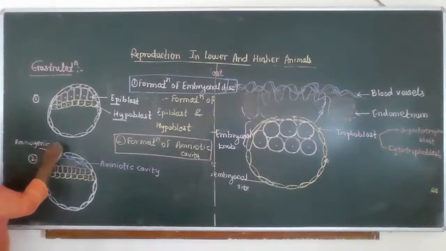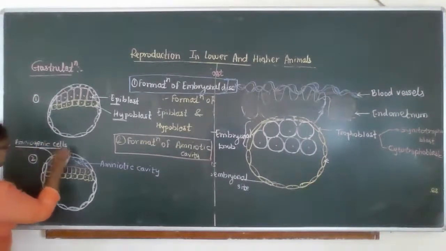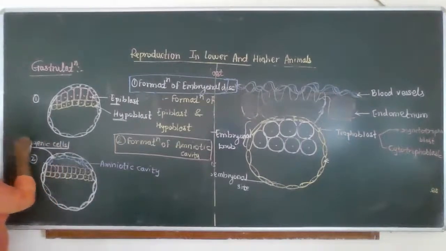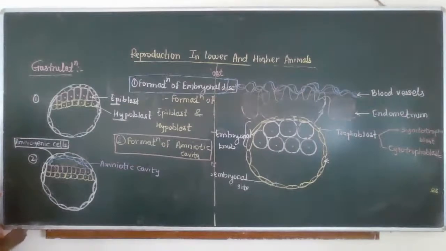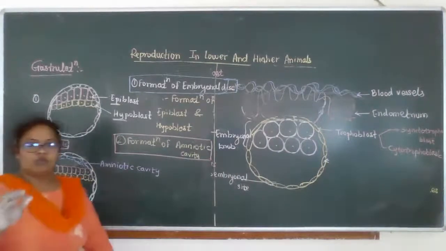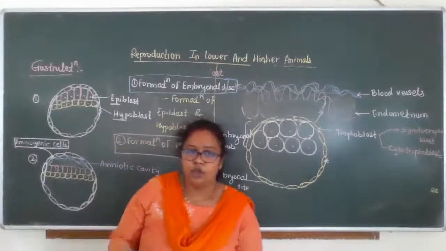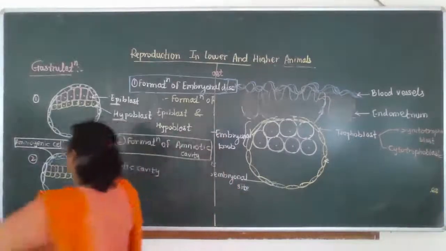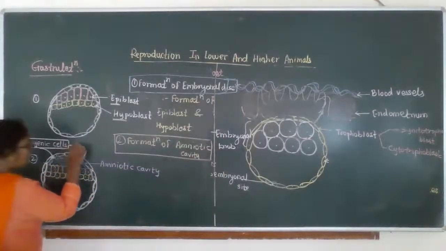amniogenic cells. So, what is the function of these amniogenic cells? कुछ तो जरूरत होगी, इसीलिए तो उनका फॉर्मेशन हुआ. So what is the need? As the amniotic cavity gets formed, it must be responsible for formation of the amnion. So amniogenic cells further क्या form करेंगे?